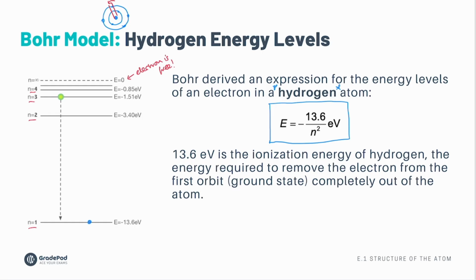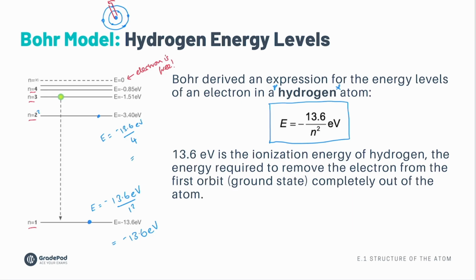If you wanted to find the energy of an electron here, in n equals 1, you'd write E equals minus 13.6 electron volts divided by 1 squared. And you'd see that the electron had minus 13.6 electron volts in that energy level. If we go up here, we'd say E equals minus 13.6 divided by 4, because that's 2 squared, electron volts.